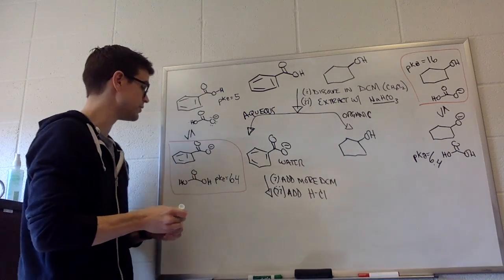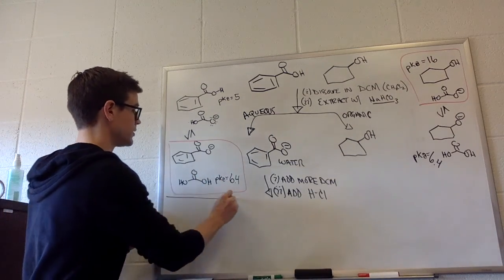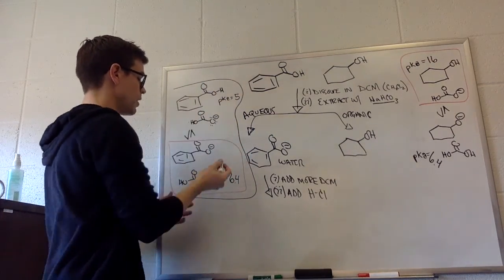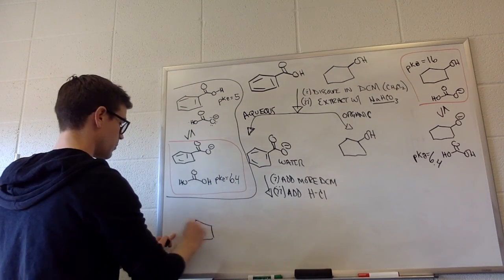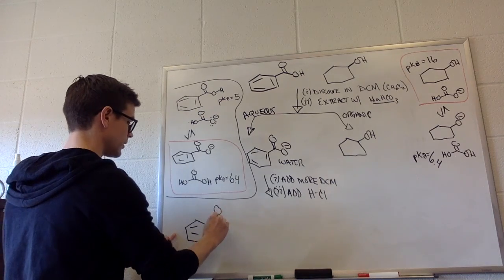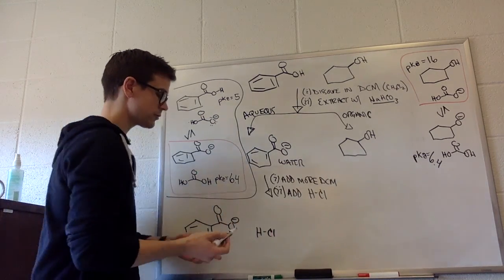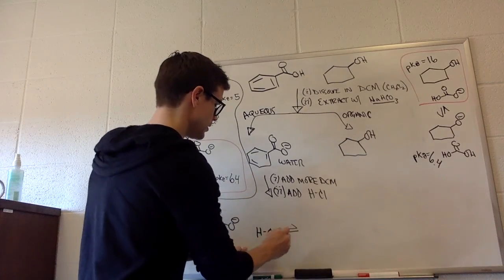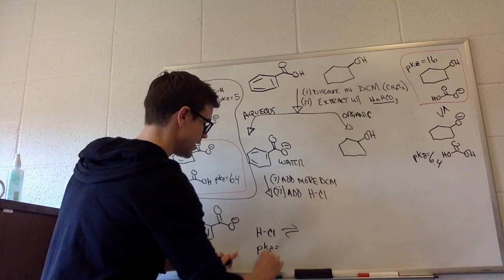So what is that going to do? Well, this was the equilibrium in the first step, but now we've added an acid to our carboxylate. Our carboxylate looks like this, and we've added HCl to that. The pKa of HCl is about -7.